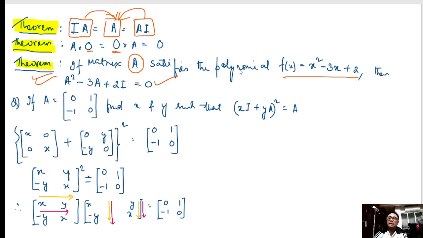Clear? Now please remember, in this part you have to write it as 2I, because you have to satisfy it with the matrix. Here we replace it by A, here by A, and here you replace the 1 with the help of the identity matrix, equal to the null matrix. Mind it, this is not 0, this is a null matrix. Clear?